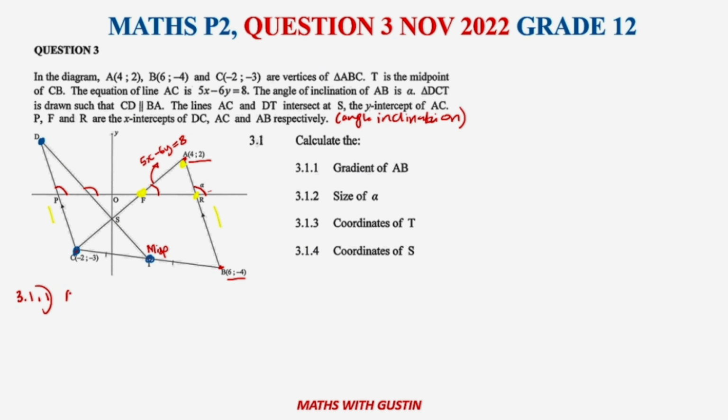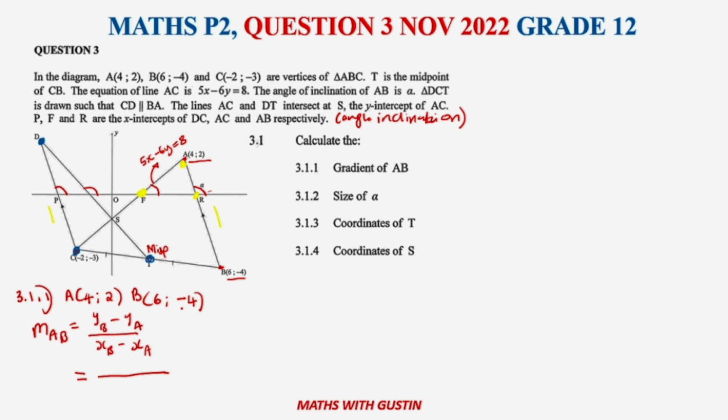3.1.1. The coordinates of A are given by (4, 2). Therefore the coordinates of B are given by (6, -4). We know the formula for calculating the gradient. The gradient of AB is going to be given by y at B minus y at A, over x at B minus x at A. Even if you say y2 minus y1, it's still the same thing, guys, as long as you follow through on what you are doing and substitute correctly.